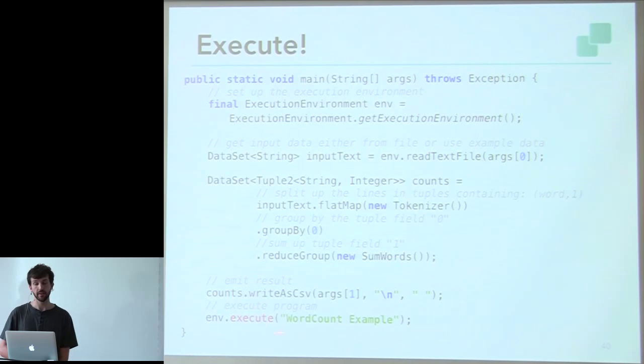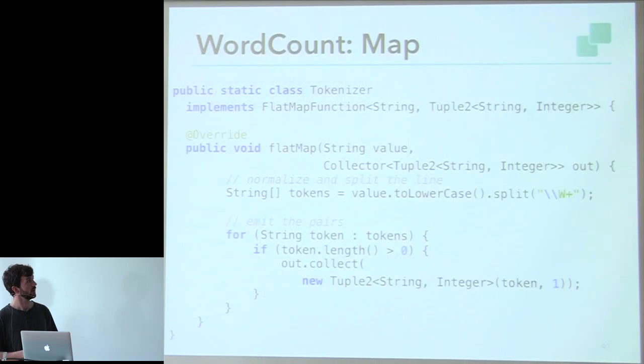And don't forget to execute, because all these operations by default will just lazily do nothing until we call execute on the execution environment. And as I said, the user-defined functions always implement an interface, like the flat map function.